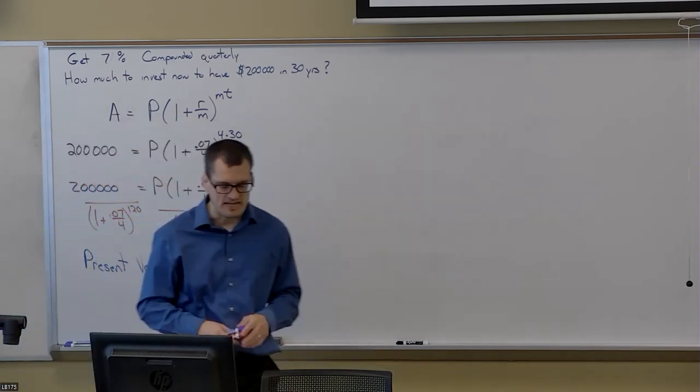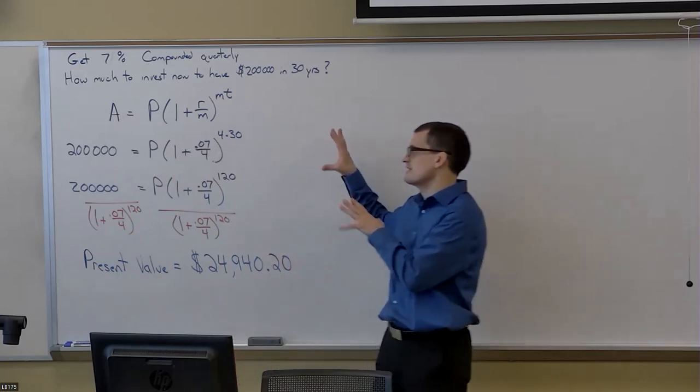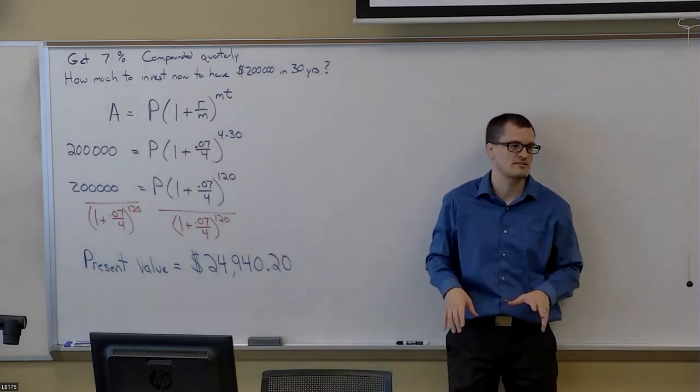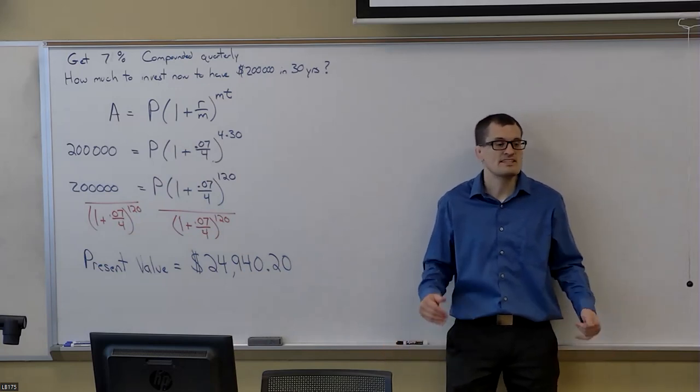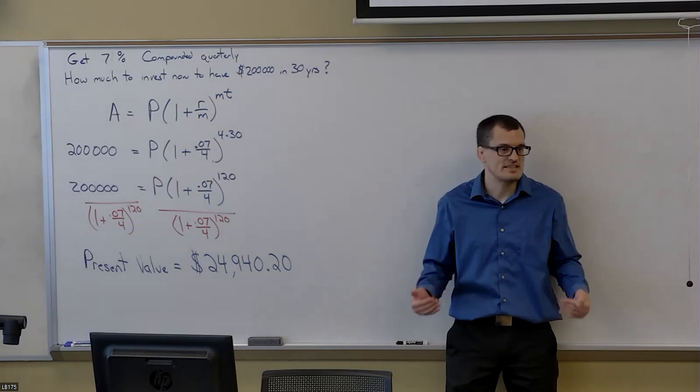So present values and calculating present values is a pretty straightforward process, and most people are getting it well. The only thing you have to be careful on the test is reading carefully.